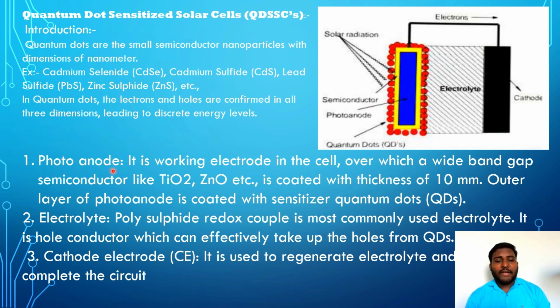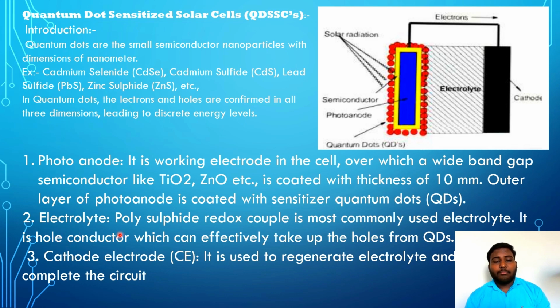Photoanode. Let's know about that. It is the working electrode in the cell, over which a wide band gap semiconductor like TiO2, ZnO, etc. is coated with a thickness of 10 nm as an outer layer. The photoanode is coated with sensitized quantum dots, QDs.